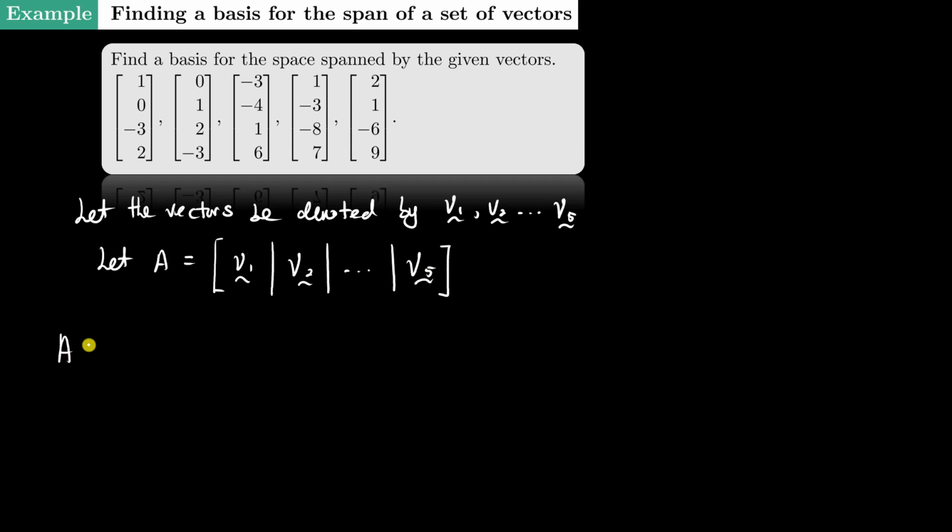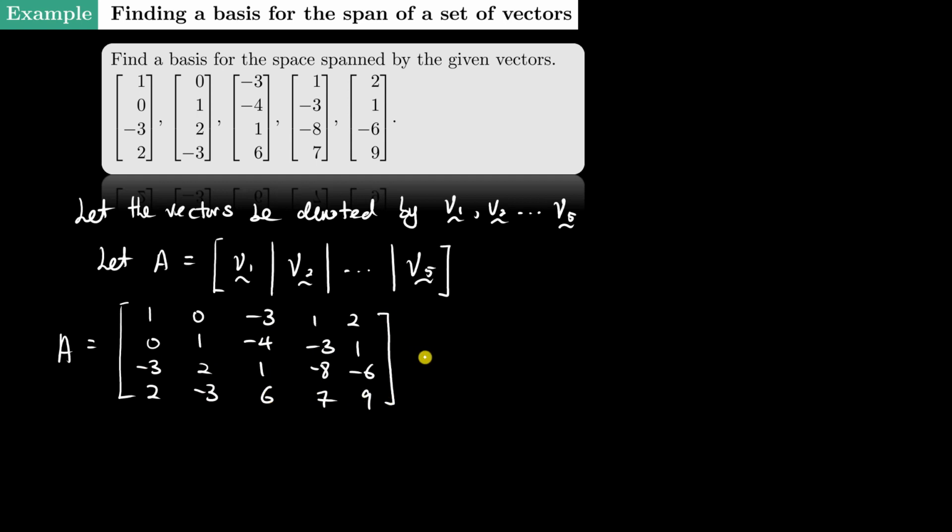So our matrix A looks like this. This is a 4 by 5 matrix. Now this can be row reduced to the RREF, the reduced row echelon form, to this matrix.